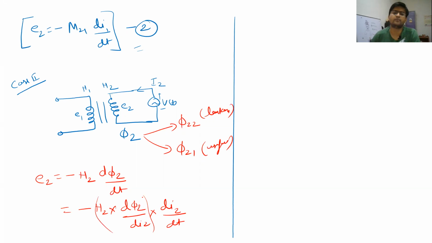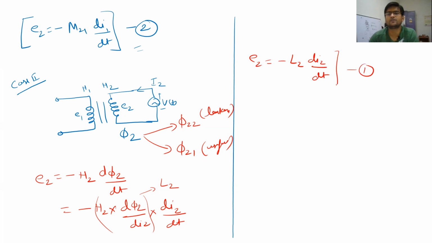So this whole thing can be replaced as L2, because L2 is the self inductance, and it is the inductance caused by the flux produced in the self coil or in its own coil because of some current. So we can write this equation as E2 is equal to minus L2 di2 upon dt.